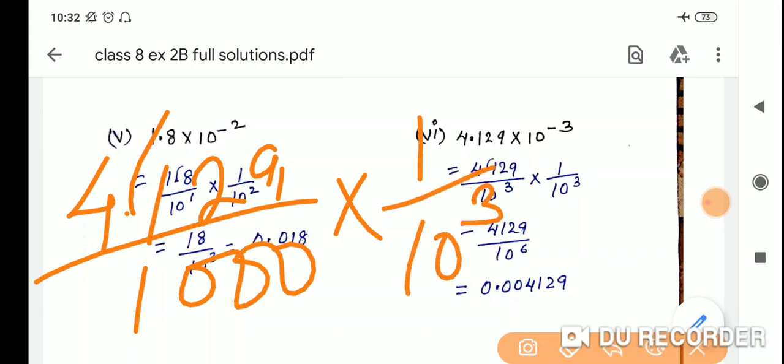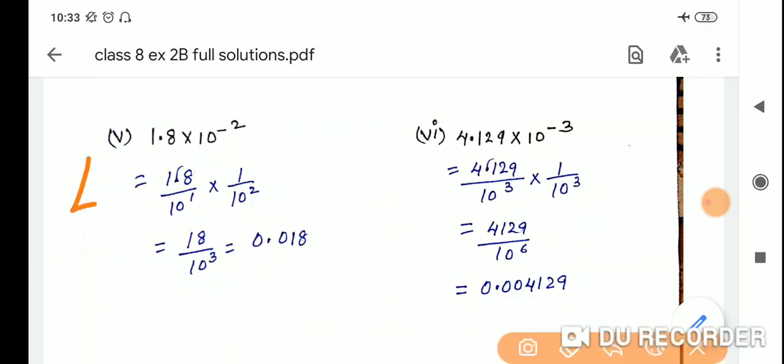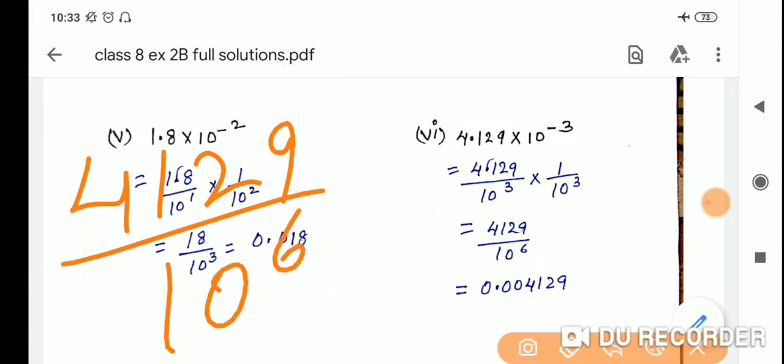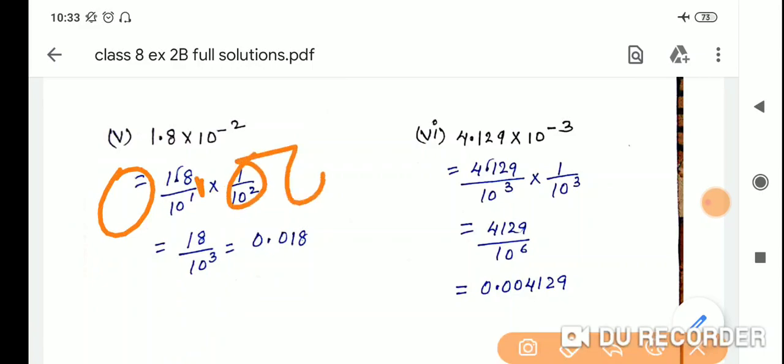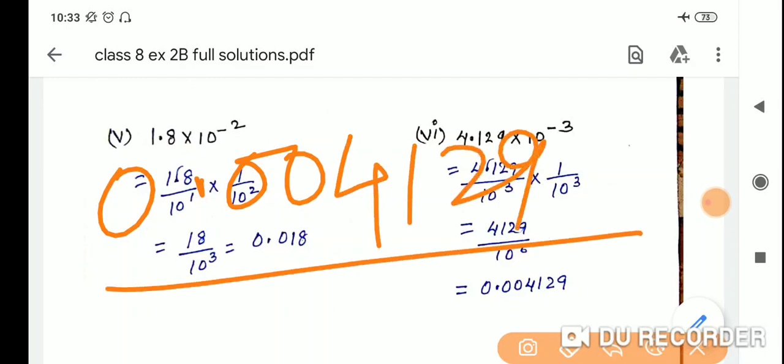So 10 raised to the power 3 this also, and 10 raised to the power 3 this also. So 4129 by 10 raised to the power 6. We have added both the powers. So here 6 places we need after the decimal. 4 we have, so 2 places by 0 and then 4129. This is the answer. Understood?